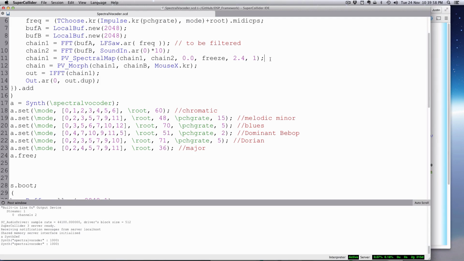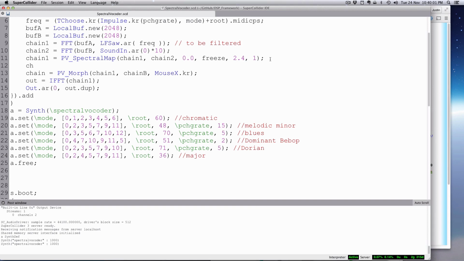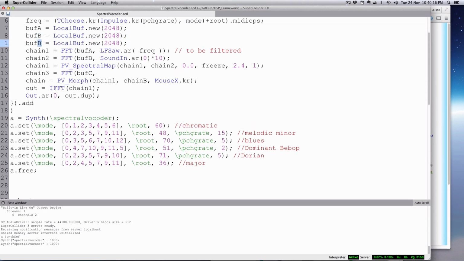I can take yet another object here, say chain 3, and have it equal FFT, and it could be some kind of buffer. I'm just pseudo-coding it here.